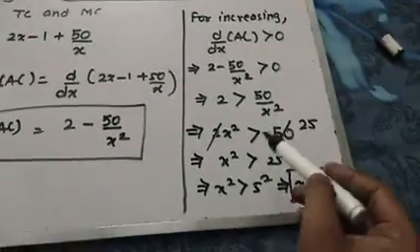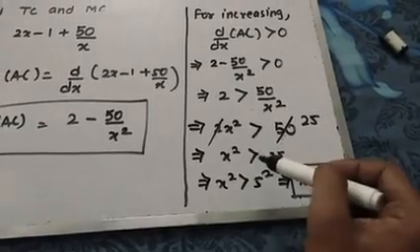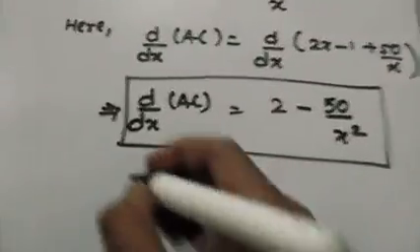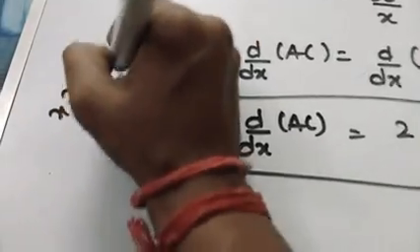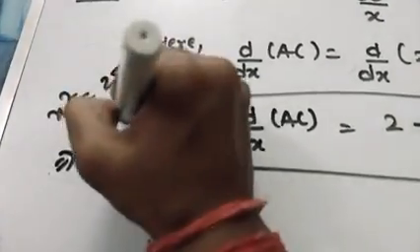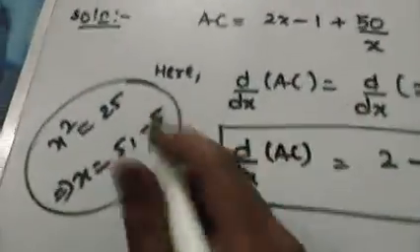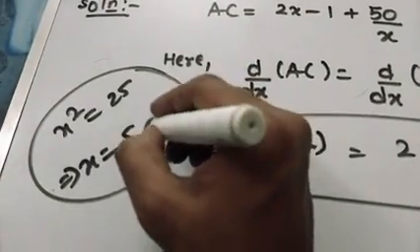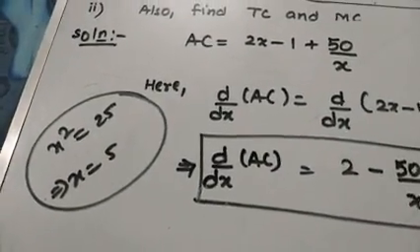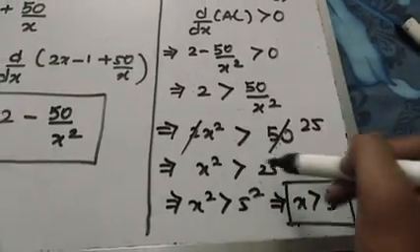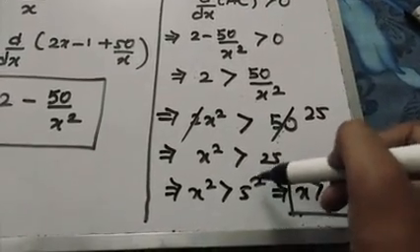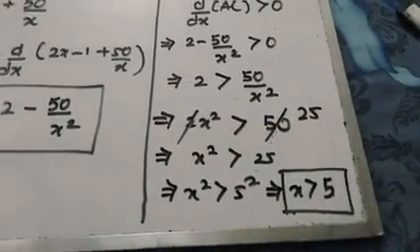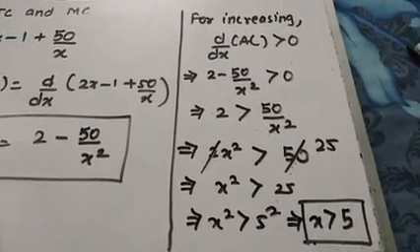That's why we just take the increasing output, so I've taken 5, not minus 5. Basically, if I write the equation x square equals 25, then x has two values, 5 and minus 5. But here it says increasing output, so we neglect the minus part, the lowest part. 25 can be written as 5 square, and cancelling the square on both sides, x is greater than 5. This is for the increasing part.